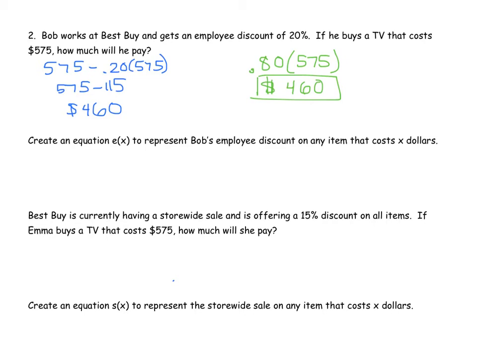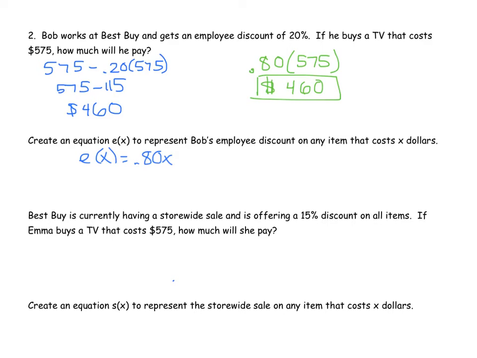Okay, so that's going to make part 2 easier. When it says create an equation E of x to represent Bob's employee discount on any item that costs x dollars, E of x is going to be 0.80 times the cost of the item, because he's paying 80% of the cost for however much something costs.